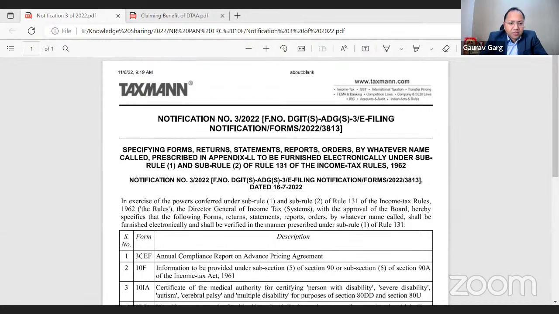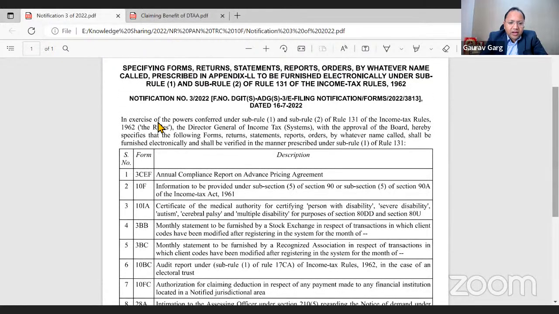According to notification number 3, in exercise of the powers conferred under sub-rule 1 and sub-rule 2 of rule 131, they go on to say that it hereby specifies that the following forms, returns, statements, reports, orders, by whatever name called, shall be furnished electronically and shall be verified in the manner prescribed under sub-rule 1 of rule 131. And then we have Form 10F at serial number 2. So from July onwards, because of this notification, filing Form 10F electronically is a mandate.